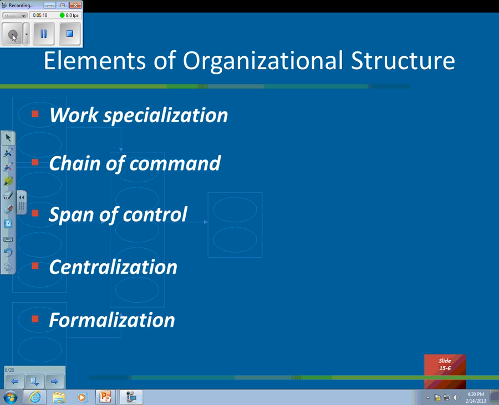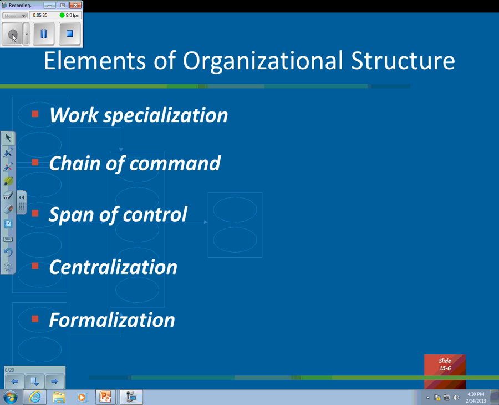Also, you think of a manufacturing business, that you have to have standardized ways of manufacturing. And so, we call these organizations formal.